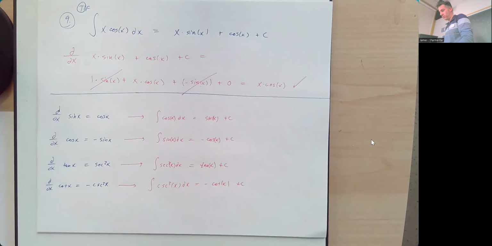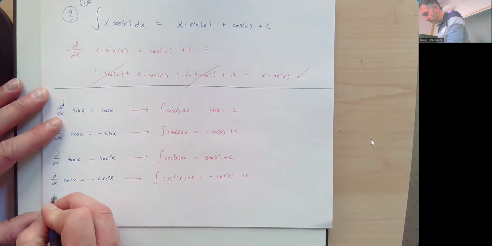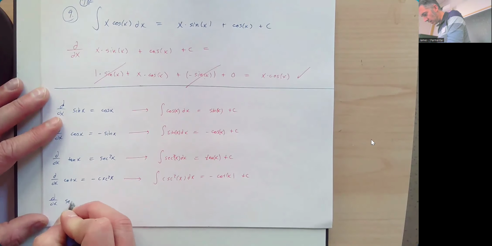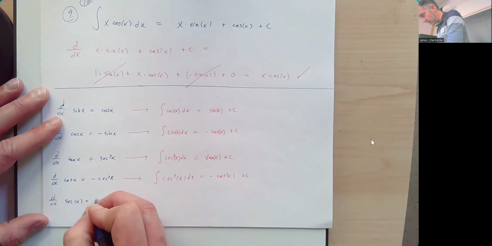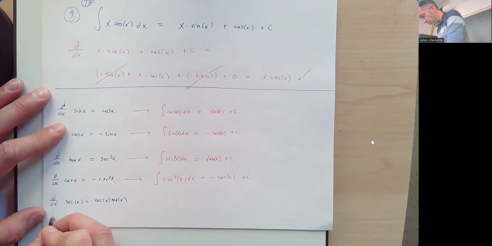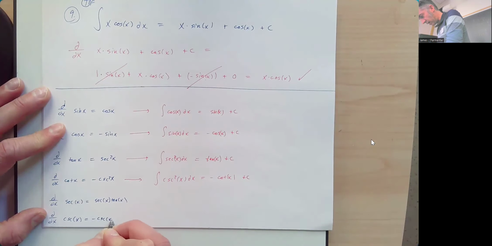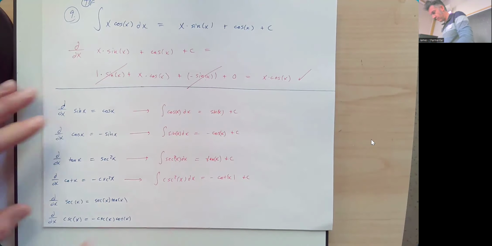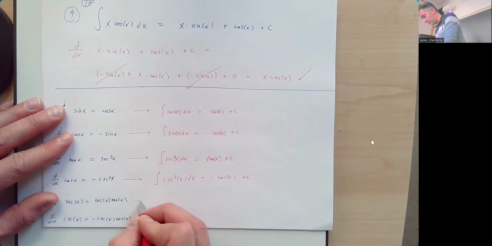Finally, the last two: the derivative of secant of x is secant of x times tangent of x. And the derivative of cosecant of x is negative cosecant of x times cotangent of x. Then we have the antiderivatives.